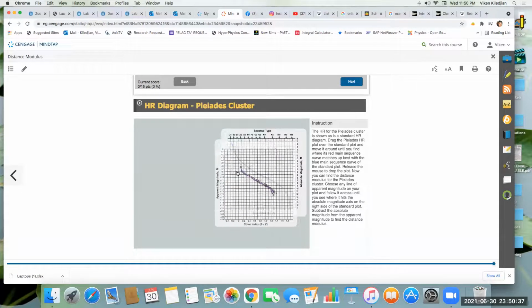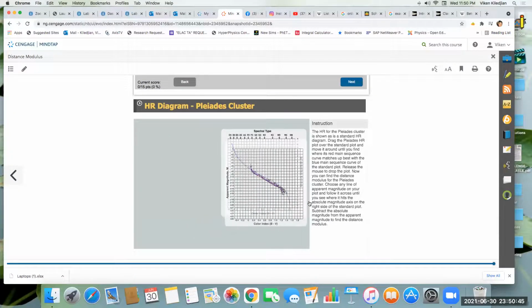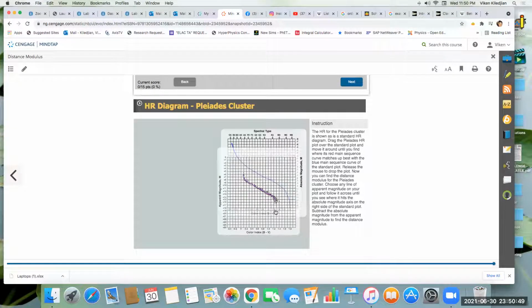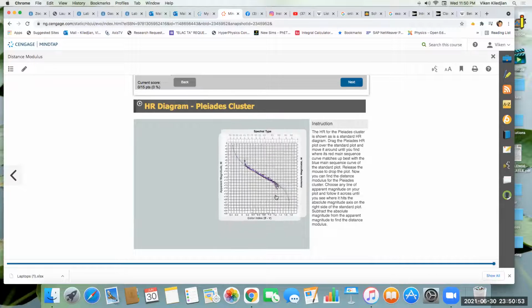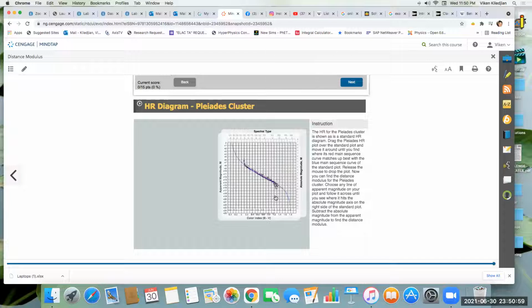I should match the horizontal because the BV index on this one should match with the BV index of that. So I can't go more to the right or more to the left. I can only go like this, and I can go up and down. Like this. No, this is too far up. This one like this. Now let me release it.